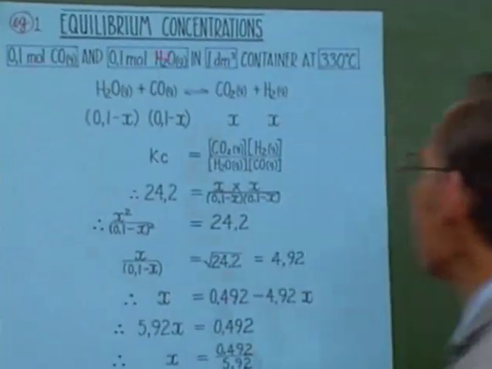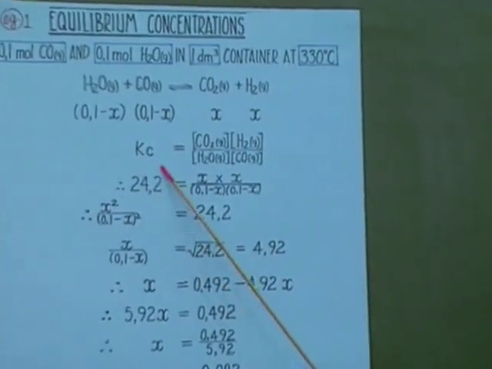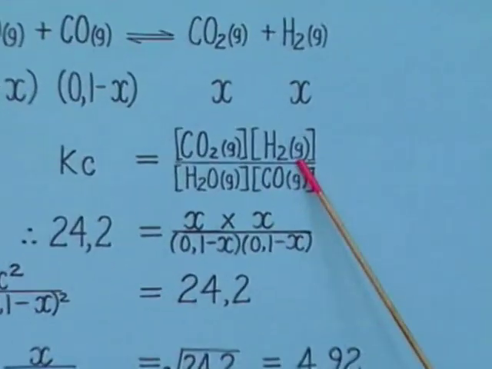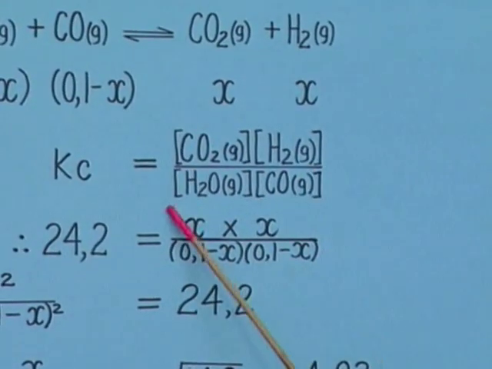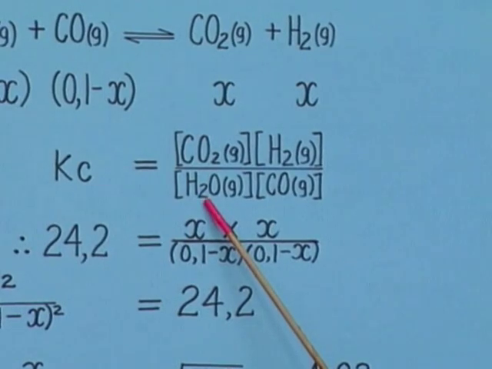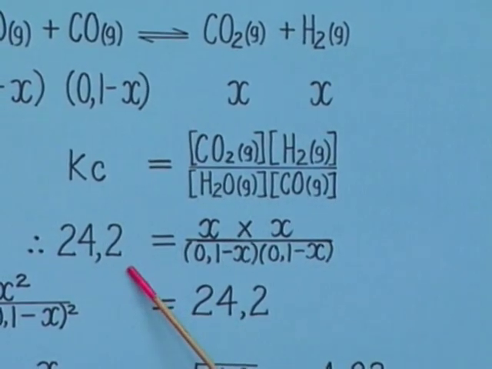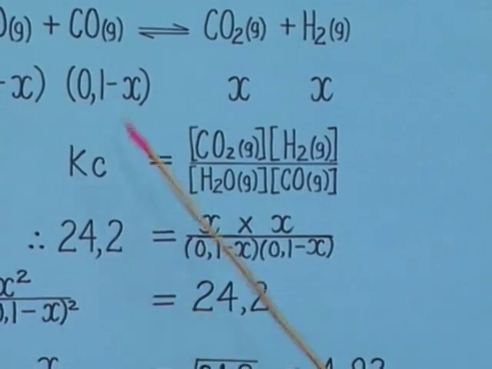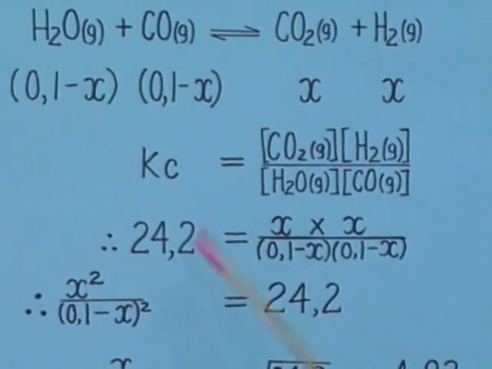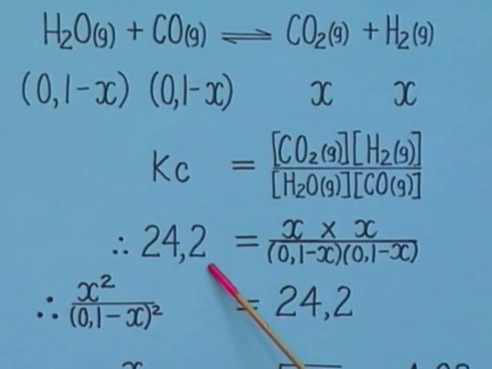The next step is always to write the mass action equation. In this case, we have the concentrations of the products on top of the line as usual, and the concentrations of the reactants at the bottom. The equilibrium constant for this reaction at 330 degrees Celsius, as written from left to right, is 24.2.